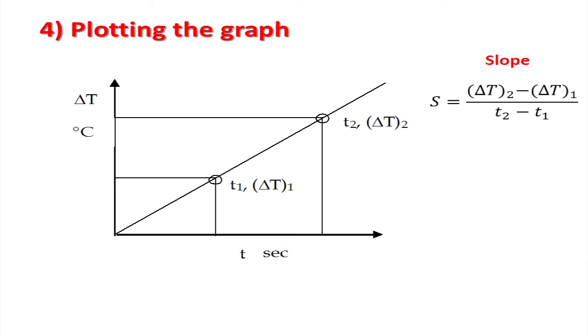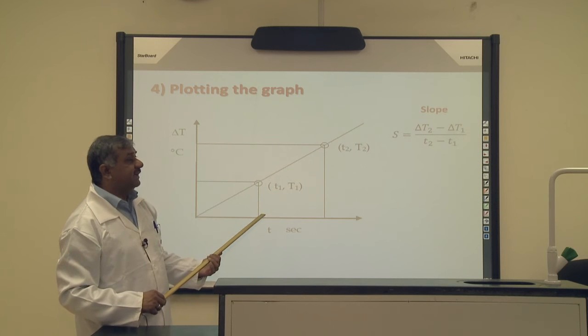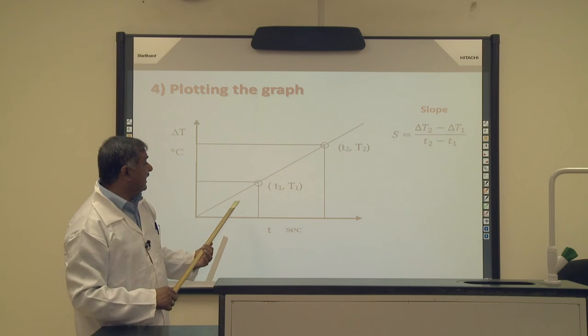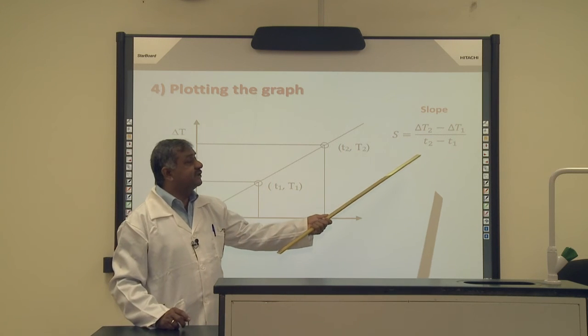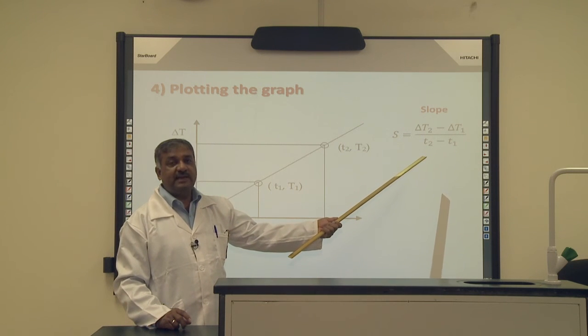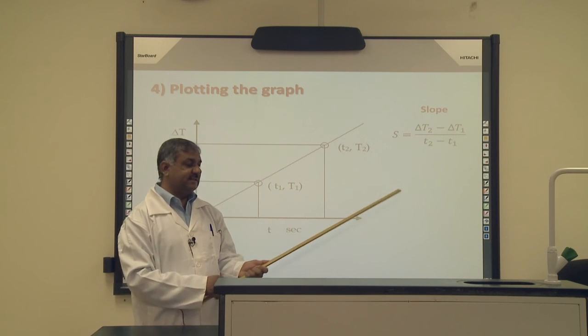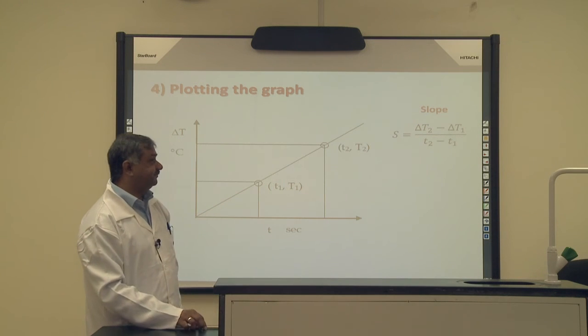Be careful: we are measuring in minutes, but in calculations we are using time in seconds. By following this scale you will plot a straight line and then calculate the slope as given in the formula.